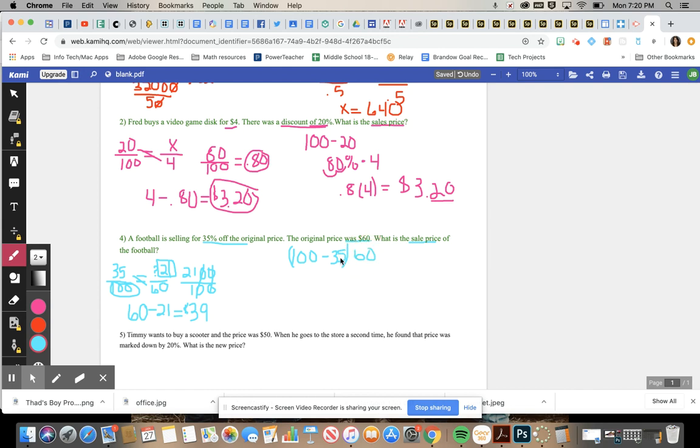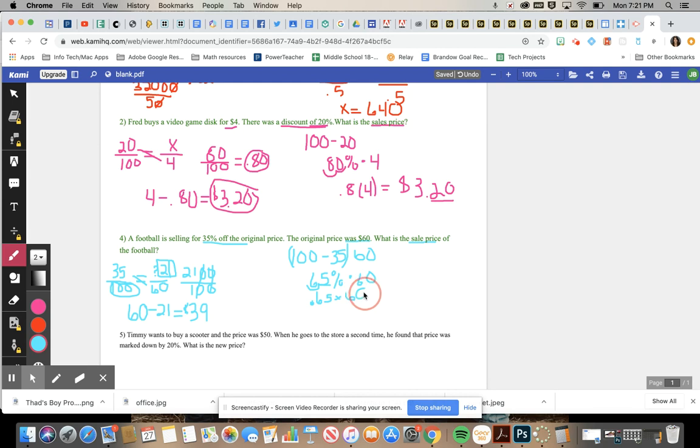So 100 minus 35 is 65%. And then I have to take that times 60. And I can't do percent times a whole number, so I have to change this to my decimal, which makes it 65 hundredths times 60.